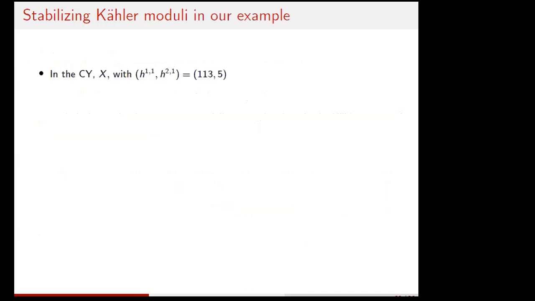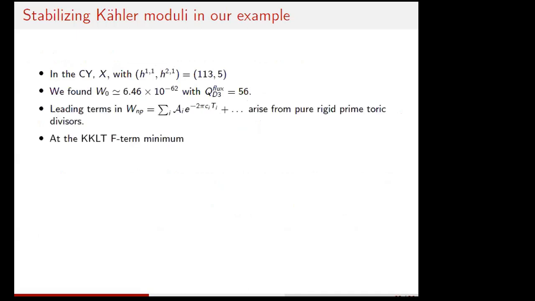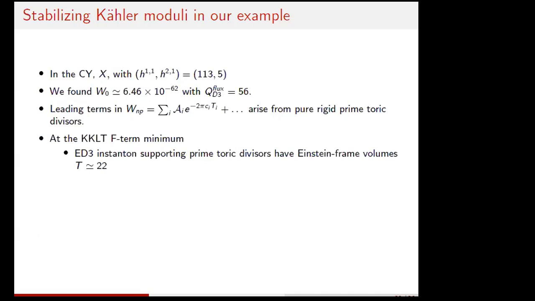So let's go back to the explicit Calabi-Yau. We found W0 as small as 10 to the minus 62 by using 56 flux quanta. And we found leading terms in the non-perturbative superpotential, and those arise from pure rigid prime toric divisors. At the KKLT AdS minimum, we have computed that the ED3 instanton-supporting prime toric divisors have Einstein frame volumes 22.